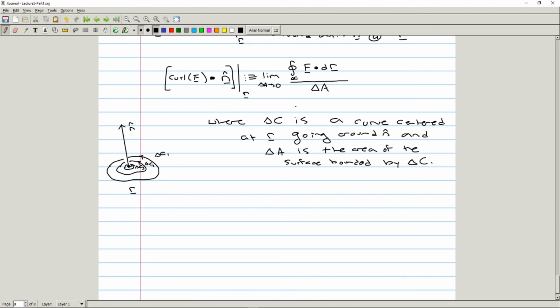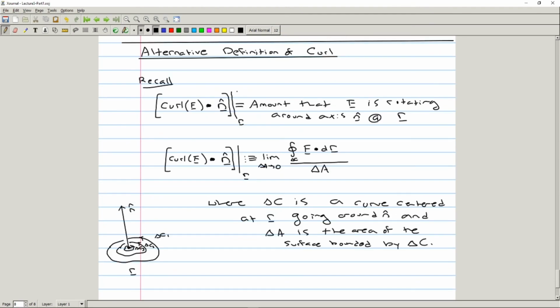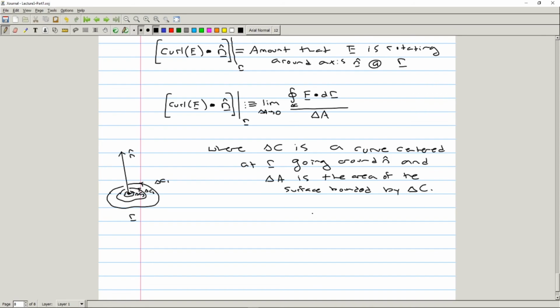And we're going to see that this definition of curl is perhaps actually better than the previous definition of curl, and more importantly, it's exactly equivalent to our previous differential definition of curl as long as F is smooth enough.